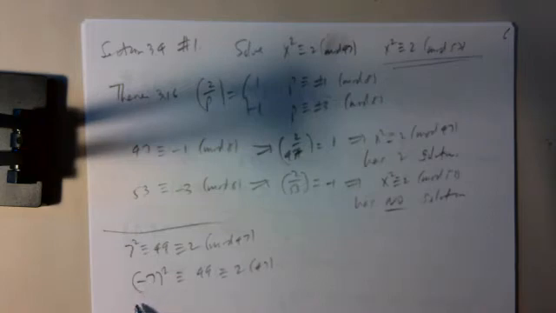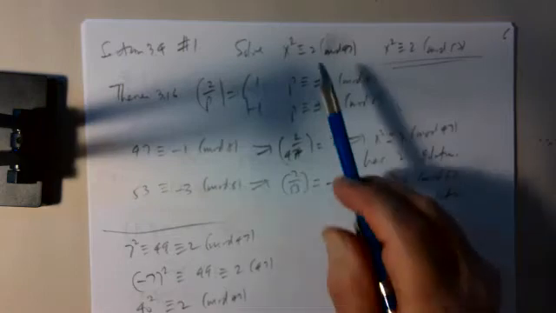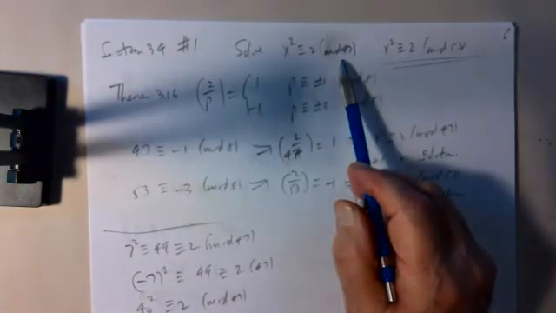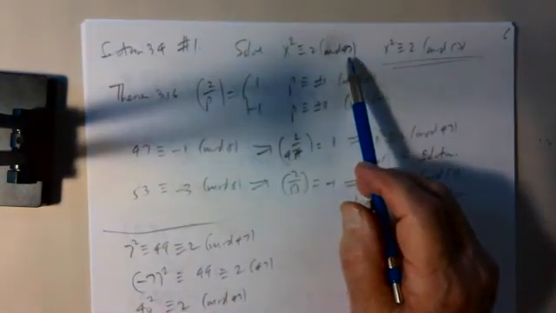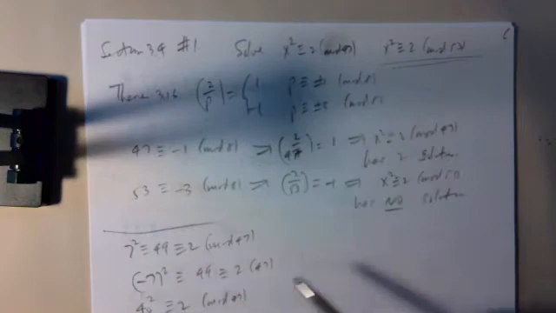So plus or minus 7, or if you want a positive solution, minus 7 is the same as 40. So 40 squared is also congruent to 2 mod 47. So for x squared congruent to 2 mod 47, the smallest positive solutions are 7 and 40.